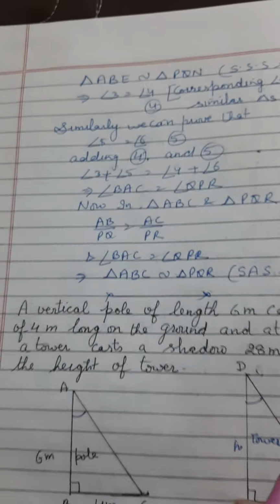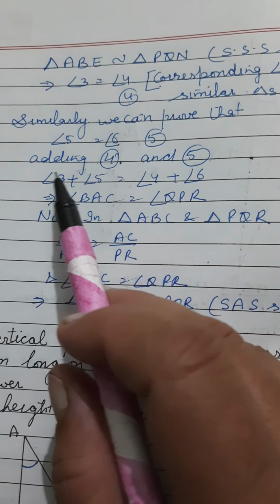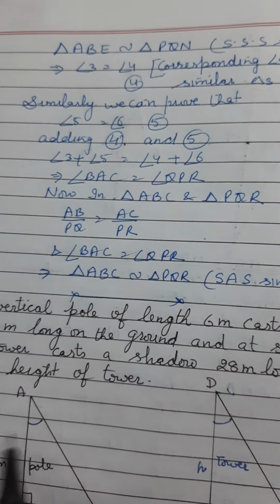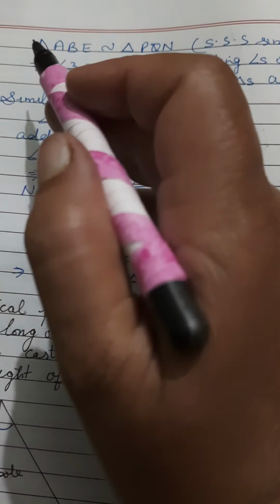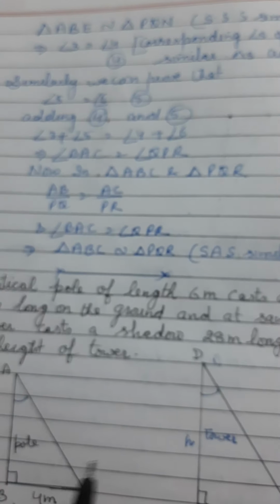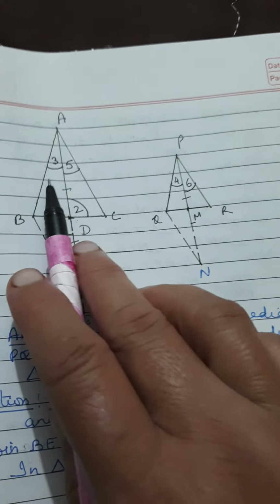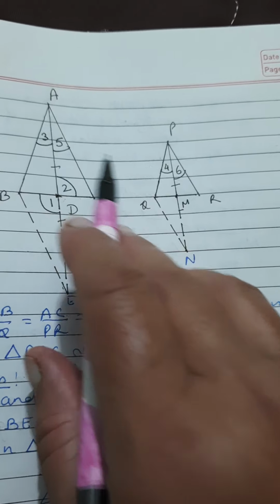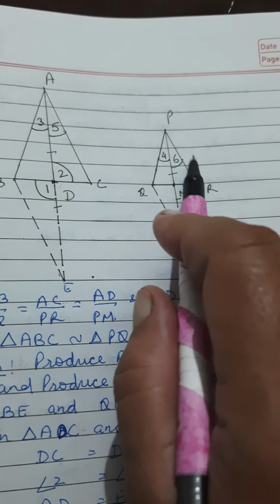We have got angle 3 is equal to angle 4 and angle 5 is equal to angle 6. Now we add these two equations. Angle 3 plus 5 is equal to angle 4 plus 6. Angle 3 plus 5 is this complete angle. 4 plus 6 is this complete angle.